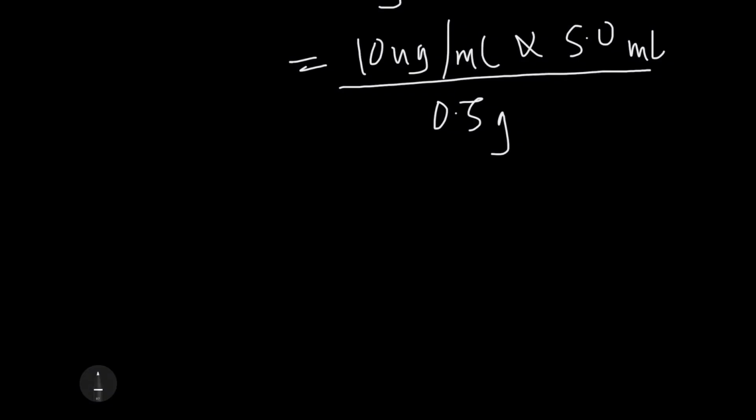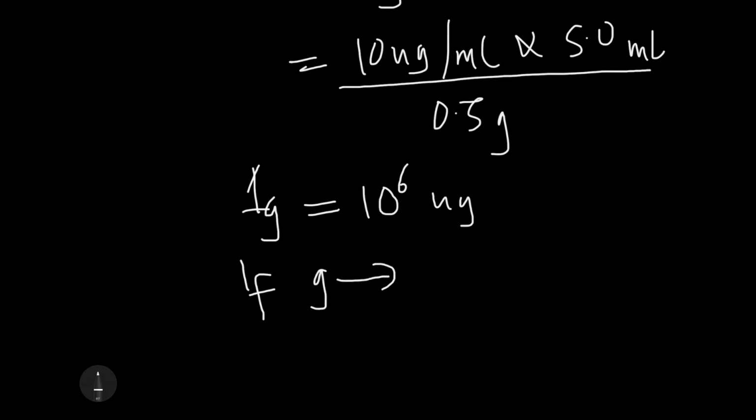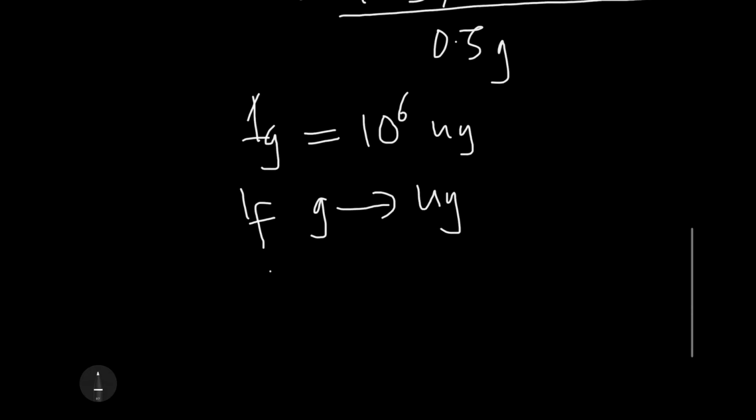We know that 1 gram is equivalent to 1 million micrograms, which is simply 10 to the power 6. Let's say you want to convert a value from grams to micrograms. Let's say you've got a value in grams.